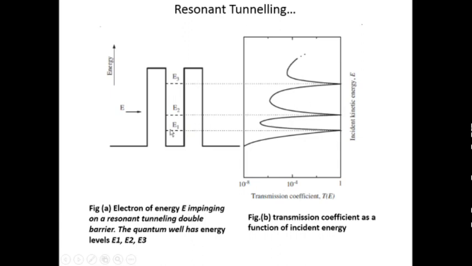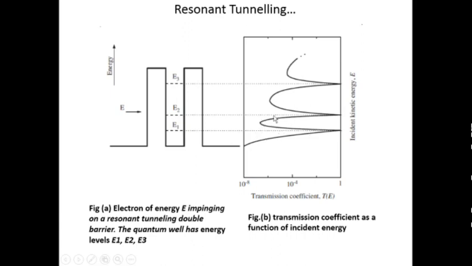If you consider the resonant tunneling occurring at each energy level E1, E2 and E3, the transmission coefficient at E1 will be approximately equal to 1. Again, the transmission coefficient at E2 will be 1. And again, the transmission coefficient during resonant tunneling at E3 will be equal to 1. So, at each energy level, the transmission coefficient equals 1.